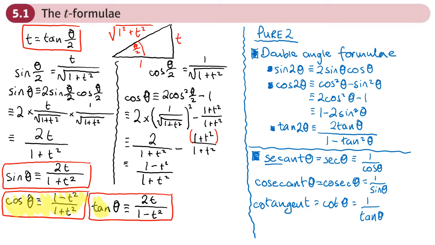Now, we could use the reciprocal functions. So, for example, I could say that cosec theta, which is the reciprocal of sine, is 1 plus t squared over 2t, or sec theta is 1 plus t squared over 1 minus t squared. You just flip them over. And cot theta would be 1 minus t squared over 2t.